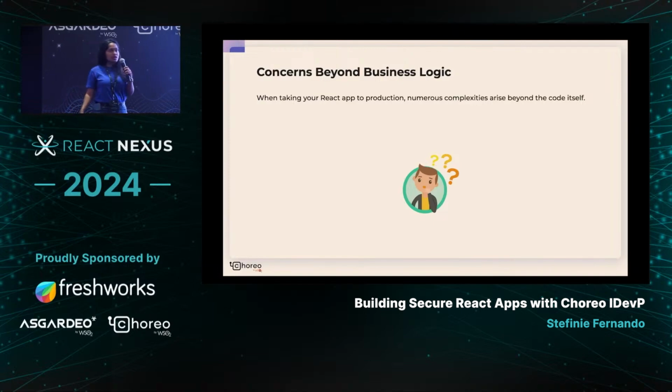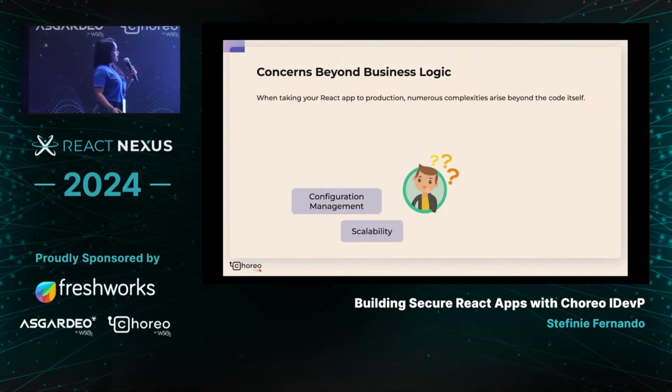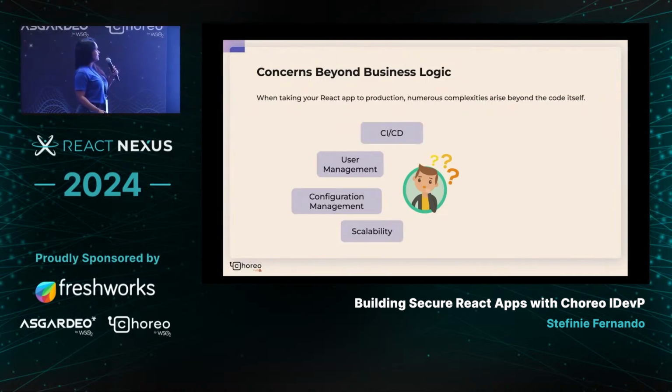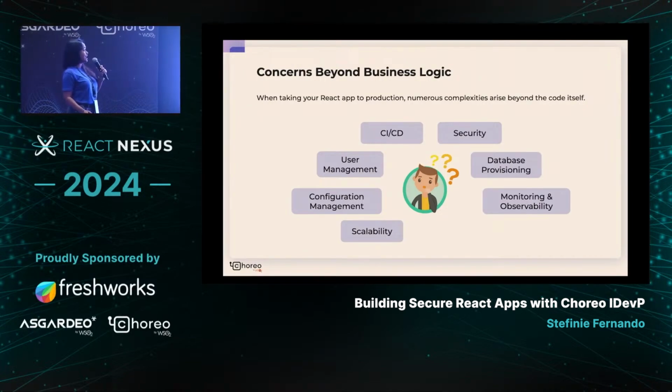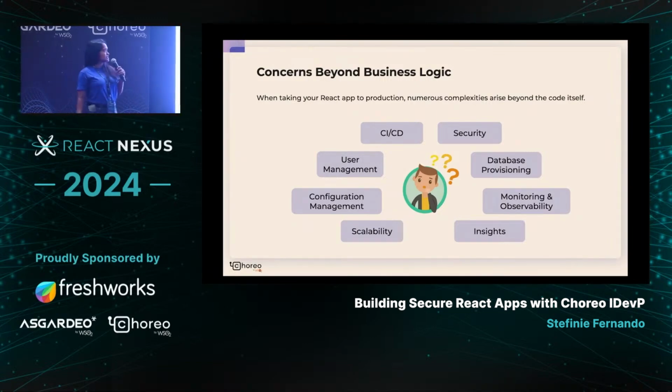So now to start with, when it comes to taking your React applications to production, there's a whole lot of complexities that we need to think about beyond our code itself. For example, how are we going to scale our application in the production environment? Then the CI/CD pipeline, security, monitoring and observability, insights, and so on. So what we normally do is, we have different tools and platforms which provide services in these areas.